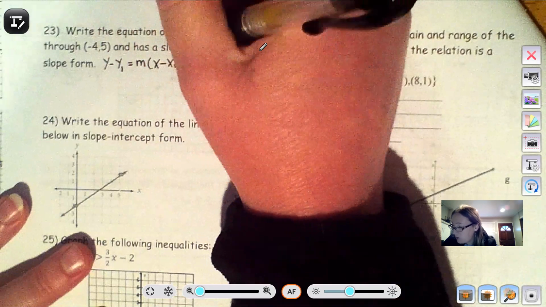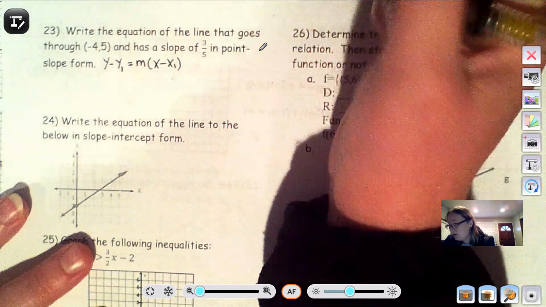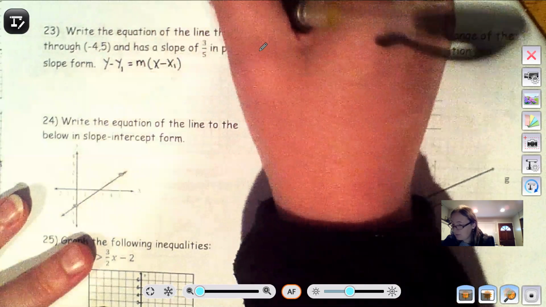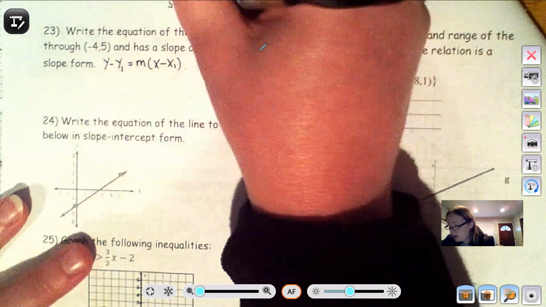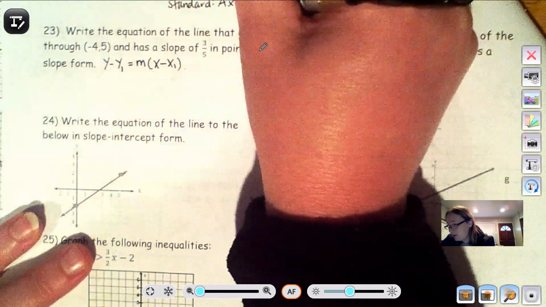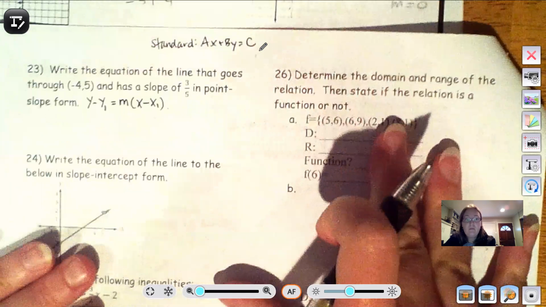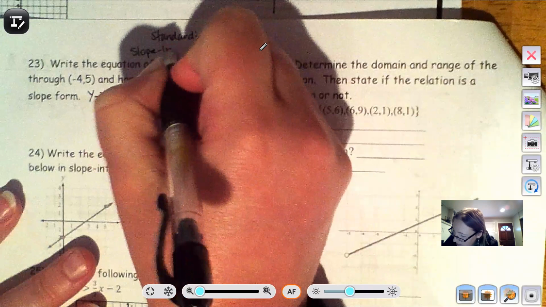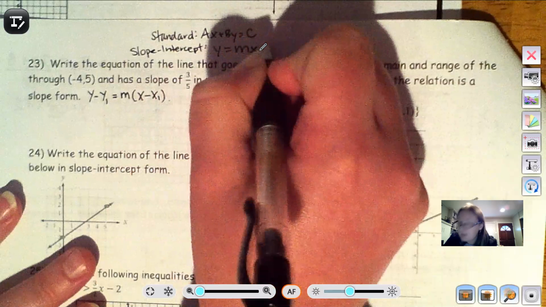Standard, point slope, and slope intercept. So this is the point slope. Standard is the ax plus by equals c. And the slope intercept is going to have the slope and the intercept, y equals mx plus b.